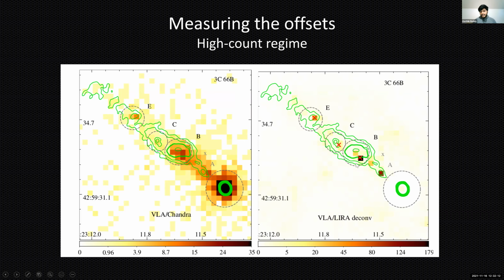The deconvolved images show two peaks, one that roughly coincides with the radio peak, and another bright point-like structure slightly upstream of this knot. So it's possible that this is some kind of obstacle that's interacting with the jet, and then contaminating the emission in knot B.